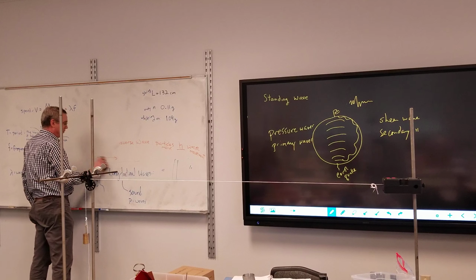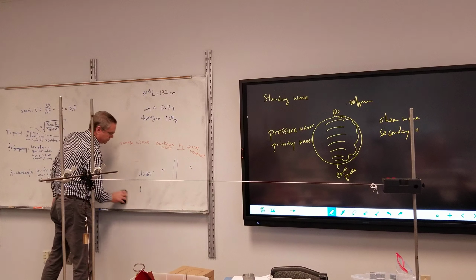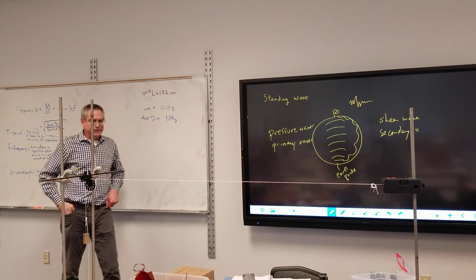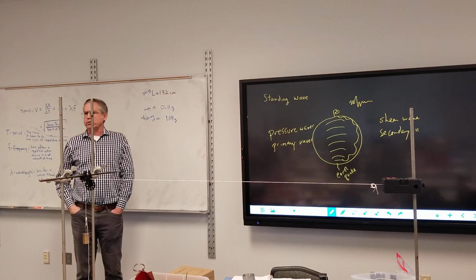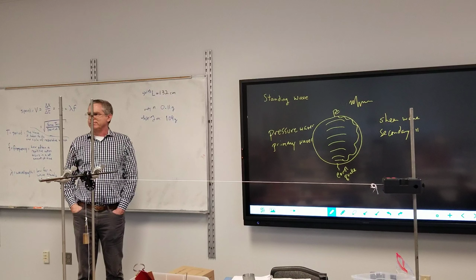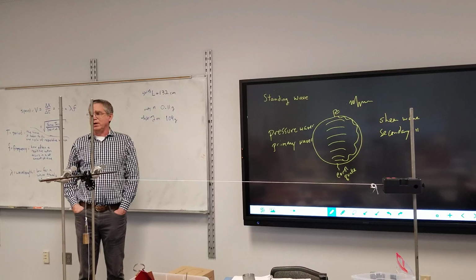So obviously, waves travel on things. Sound travels through air. Any of you ever put your ear on a train track to hear if trains are coming? Only do it when there's no train nearby.